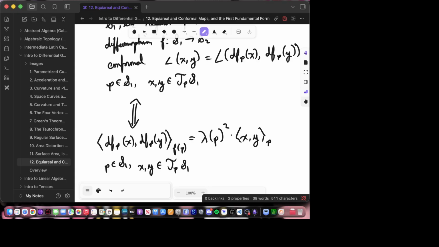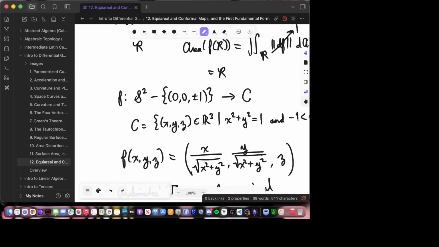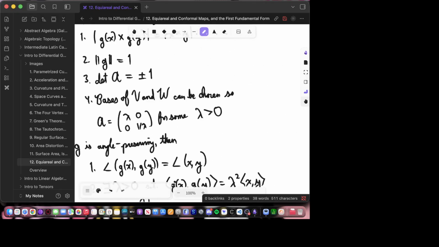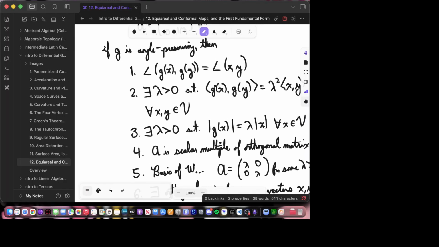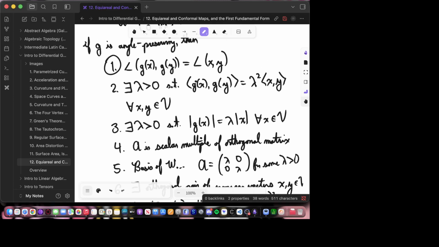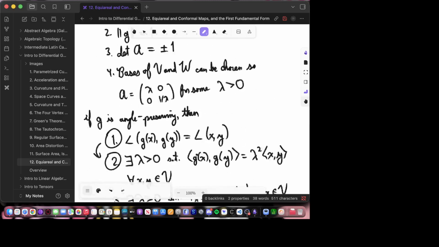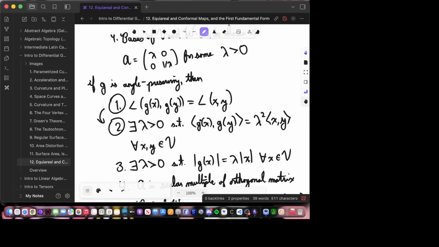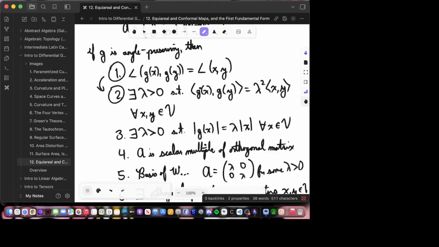And you might be asking, why is that? It is a direct corollary of the fact that if G is angle preserving, then we have this, which implies this. And the vector spaces we're working in, instead of V and W, are the tangent plane of S1 and the tangent plane of S2 at P and F of P respectively.